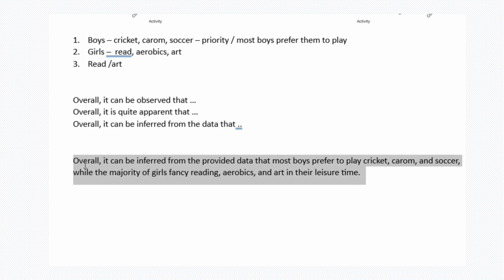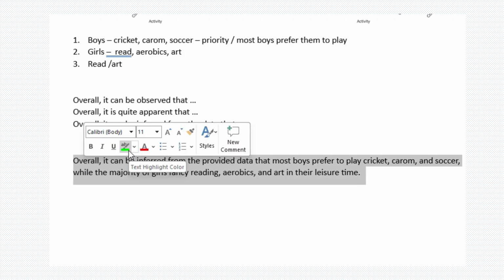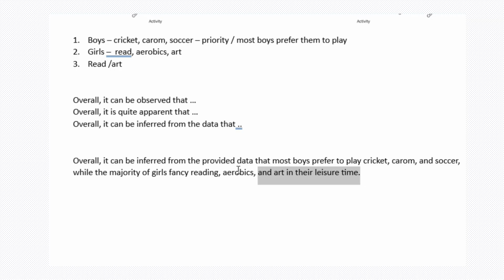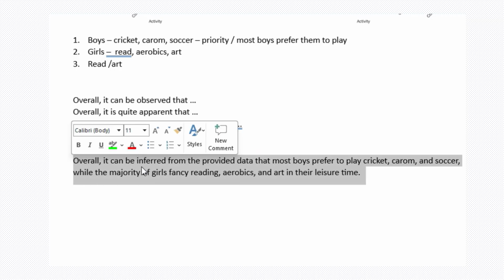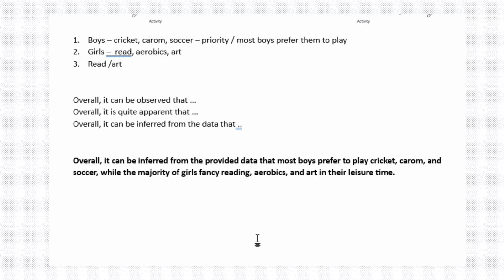So even one sentence is more than good enough, because it is accurately defining the trend that we observe in the graph, right? That's how the overview is written.